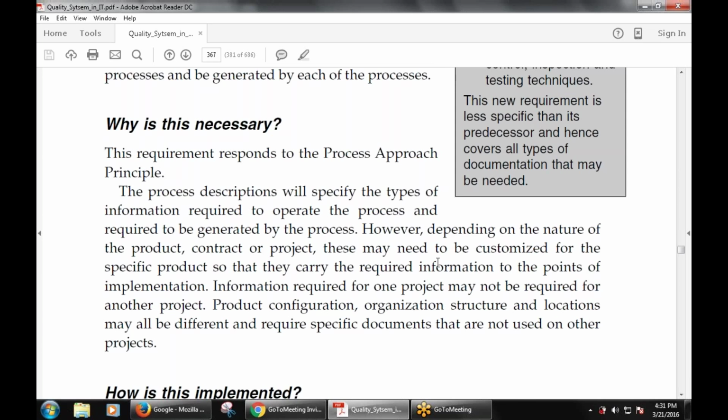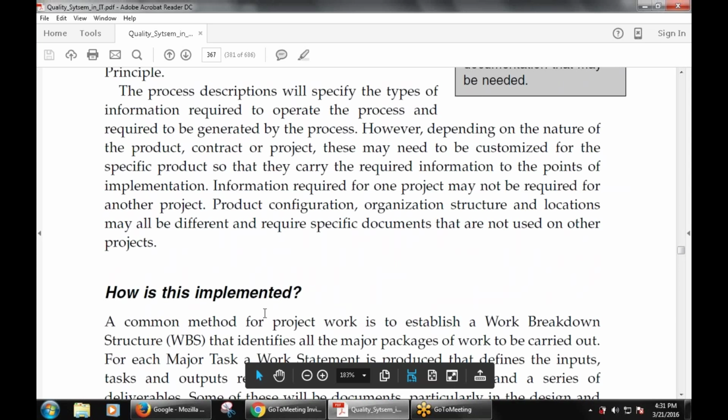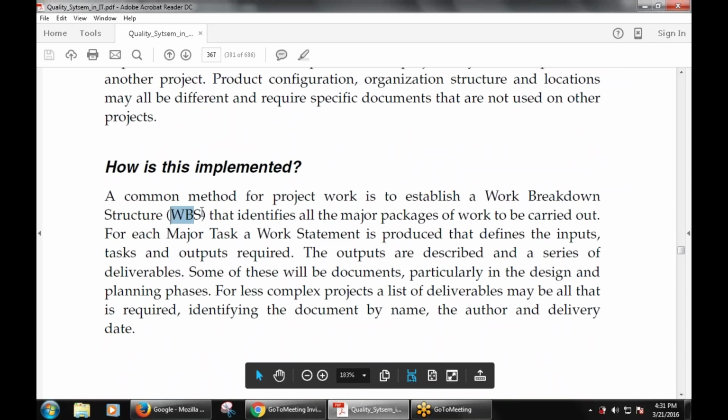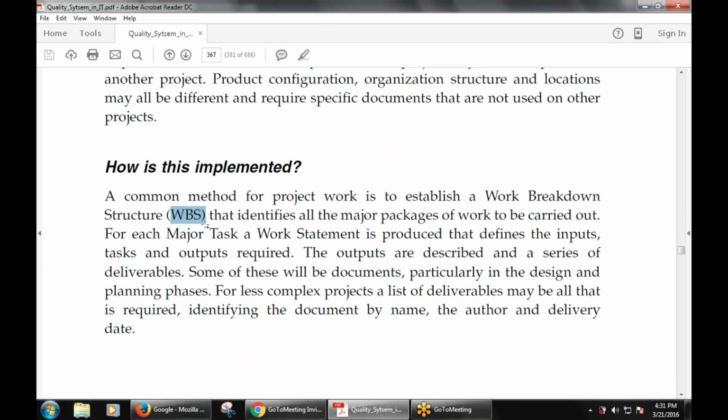So there is a requirement for uploading data and documents. How it is implemented is by the WBS, the work breakdown structure, which is used for the documentation and for the implementation of the data.